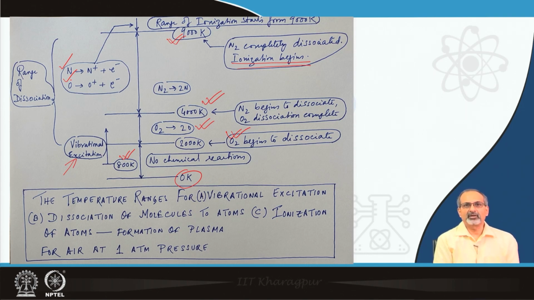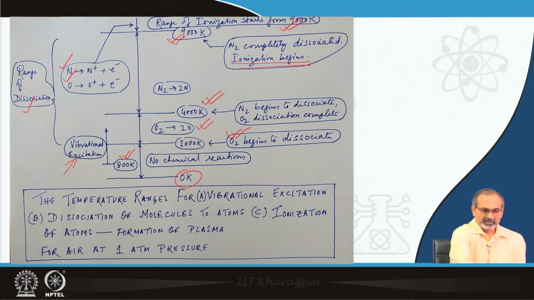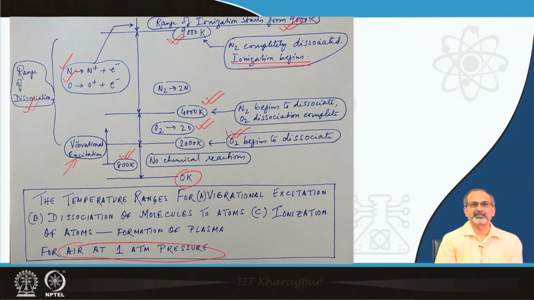So, we are basically talking about plasma formation, and the range of ionization starts from 9000. So, there is a dissociation range, there is an ionization range, there is a vibrational excitation range, and all this is happening with the air at 1 atm pressure.